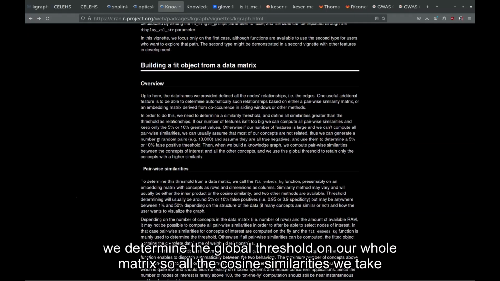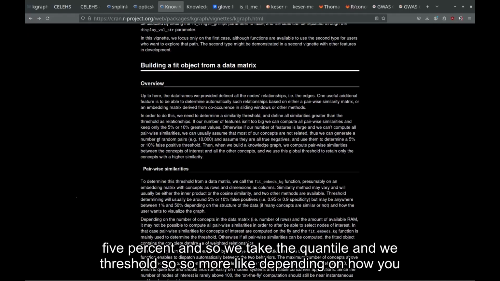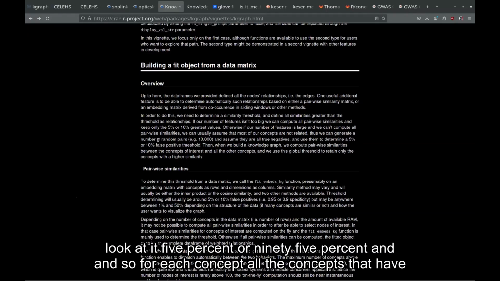We determine the global threshold on our whole matrix, so on all the cosine similarities, we take 5%. We take the quantile and we threshold. So, depending on how you look at it, 5% or 95%.